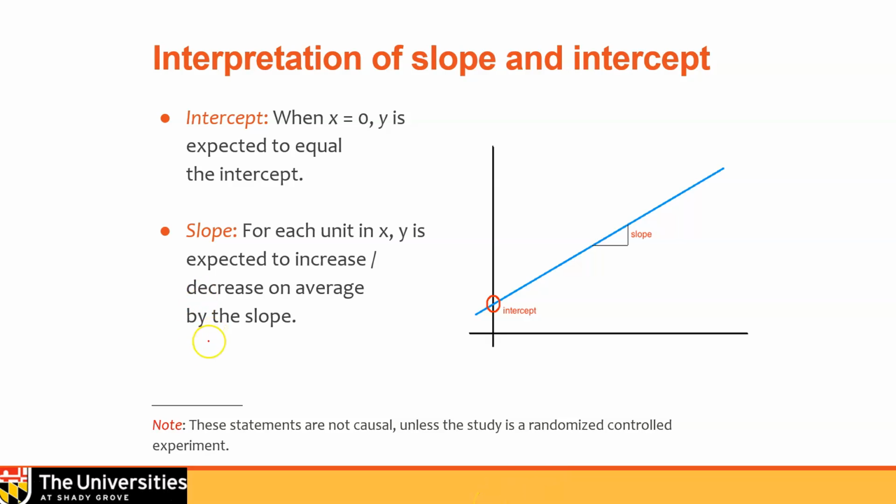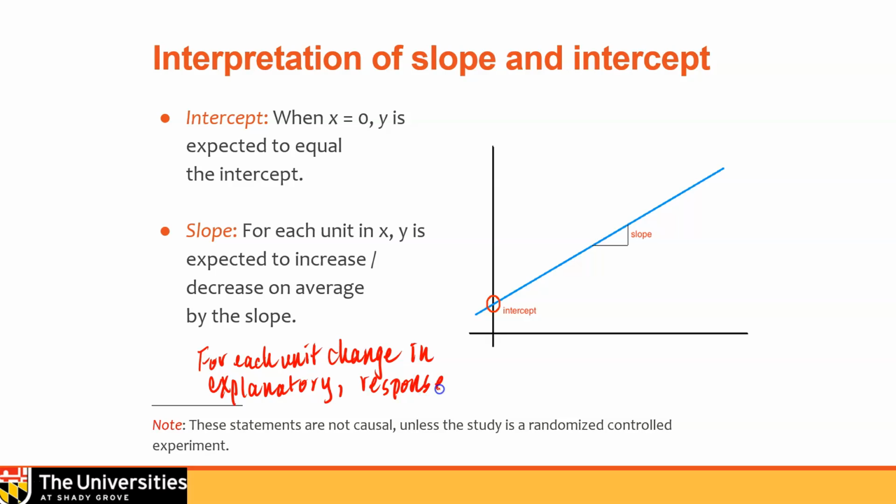So let's write that: for each unit change in explanatory, then our response is expected to increase.